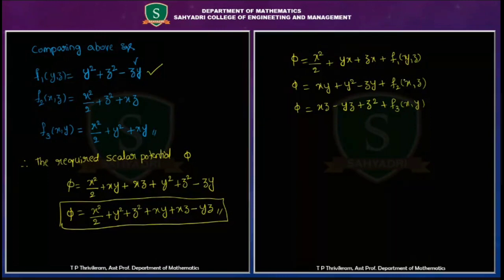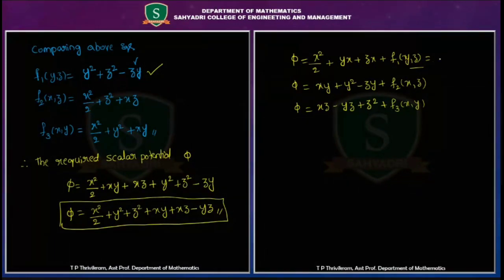Okay, now I have to search for the function of yz. Function of yz means this may be anything, except x. A function of y alone is also a function of yz. Suppose this one is equal to y, this is also a function of yz. Suppose this is equal to z cube, this is also a function of yz.